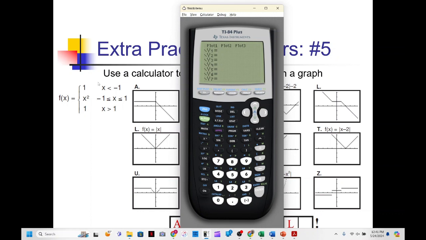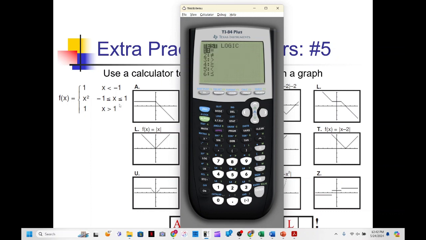Let's put in parentheses 1, and then we have x less than negative 1, close parentheses, so that's our first branch, kind of typical based on what we've seen. This next one is where it gets interesting. So I've got x squared, and then open a parentheses. Now I'm going to have to split up this inequality into two of them using an AND statement. So I can write negative 1 less than or equal to x.